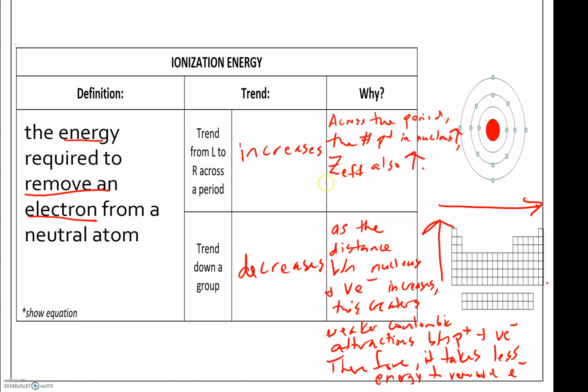In conclusion, it will take more energy to overcome those Coulombic attractions between the protons and the valence electrons, like so. All right, so that's ionization energy.